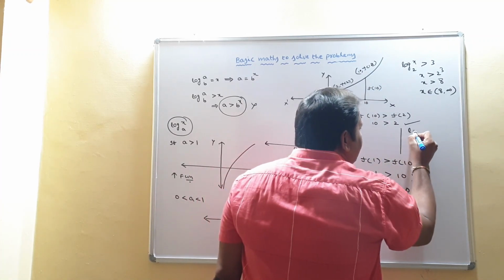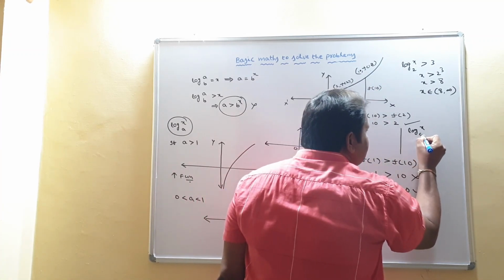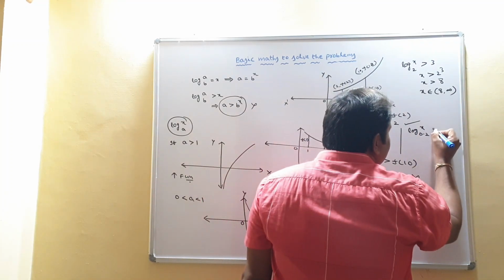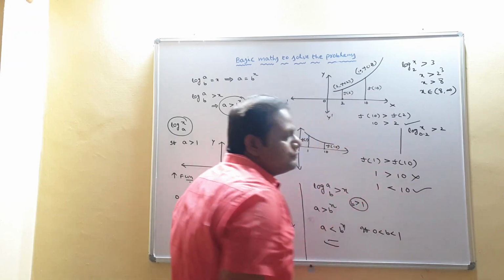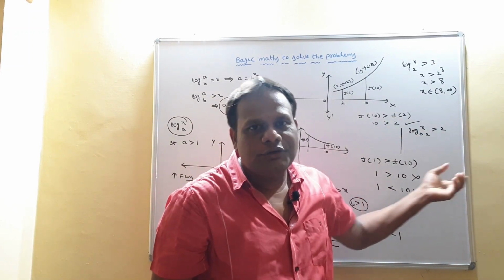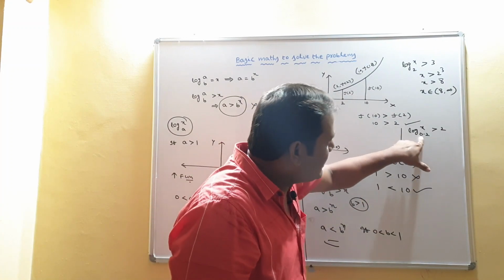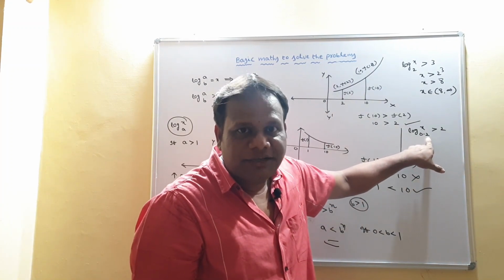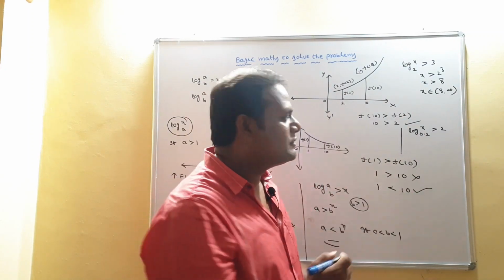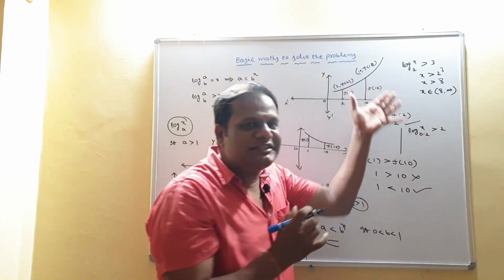Suppose the function is log x base 0.2 greater than 2. You have to solve it. You observe the base. Is the base in between 0 and 1? Yes, it is in between 0 and 1. So it is a decreasing function.